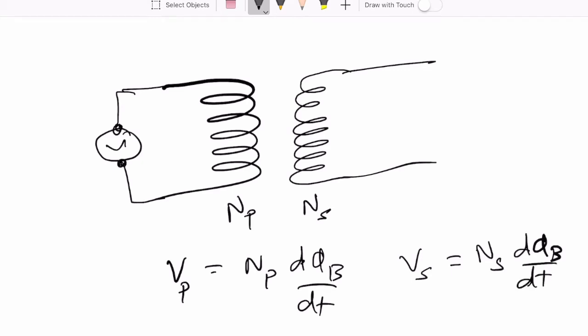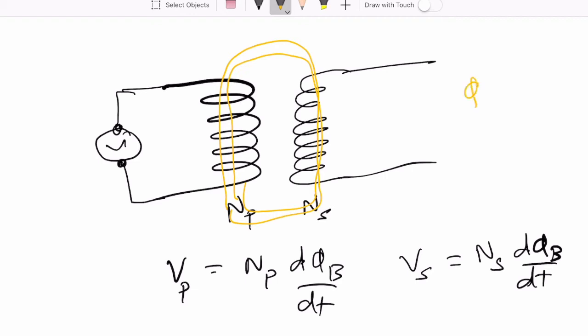Now let's think about this d phi b dt for a moment. We are talking about an ideal solenoid, which means an ideal transformer, which means all the magnetic field lines that are passing through the primary are also passing through the secondary. So they see exactly the same magnetic field, and we'll just assume that the area of each turn is the same.